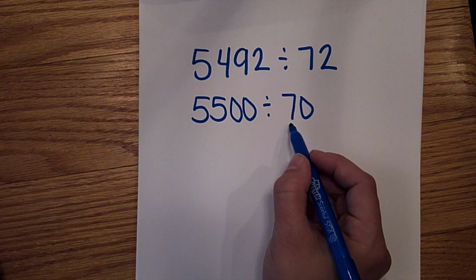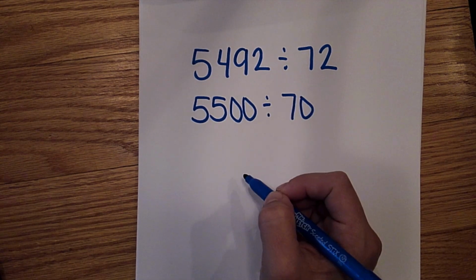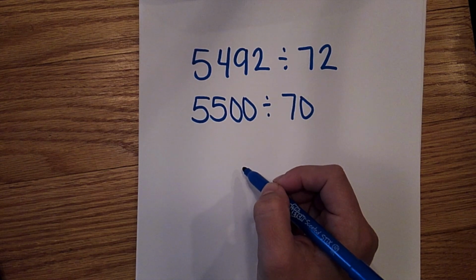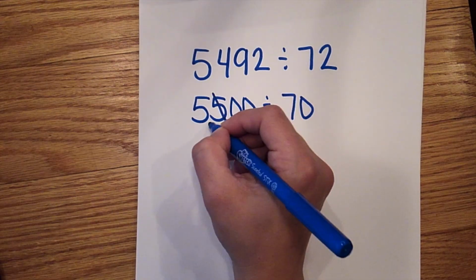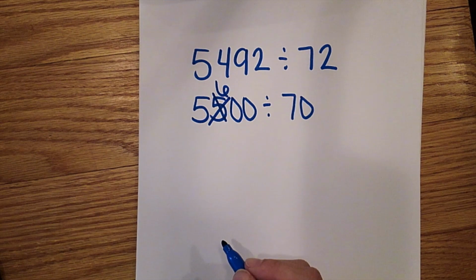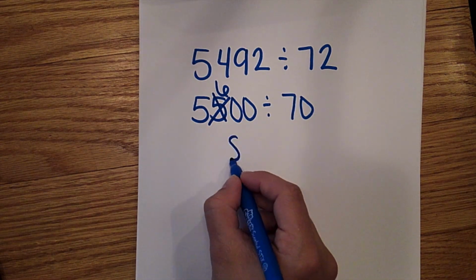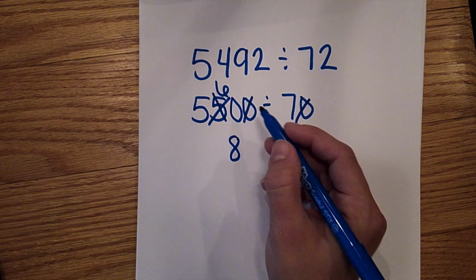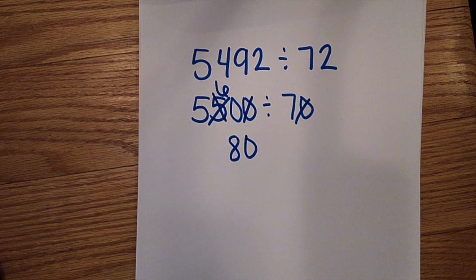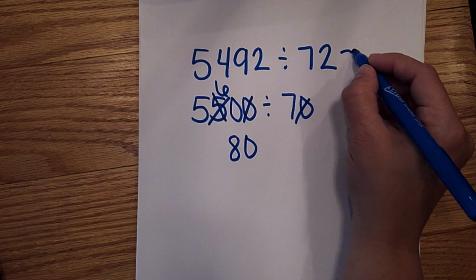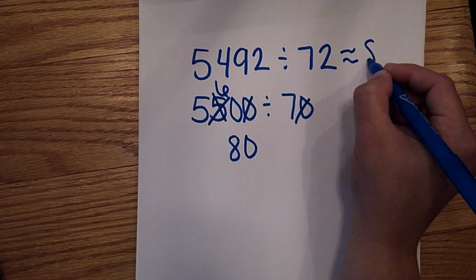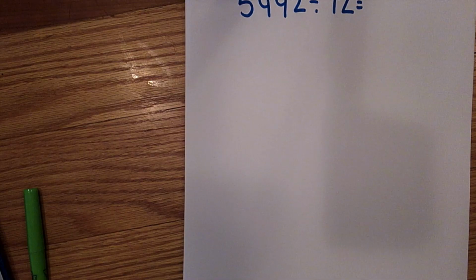And I can say, well, what times 7 is going to give me 55? Nothing. So let's change this to 56. Because then I get 8 with 1 0. So 5,492 divided by 72 is about 80.